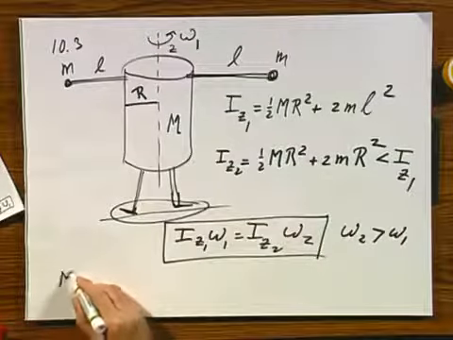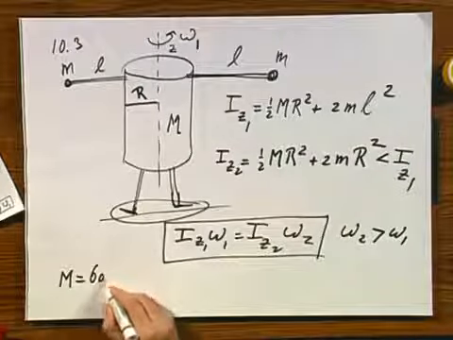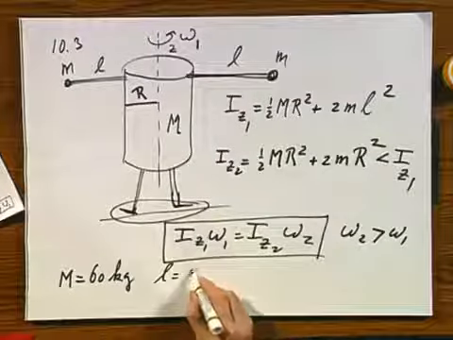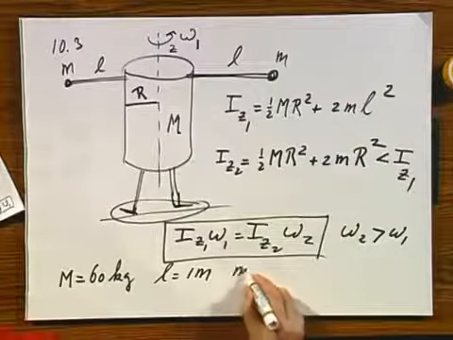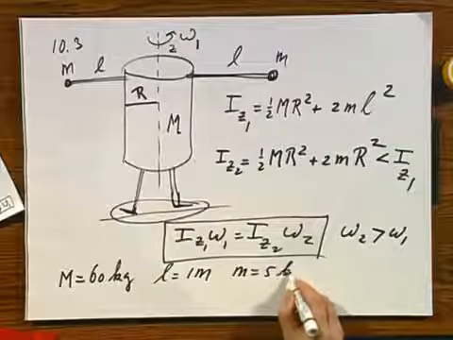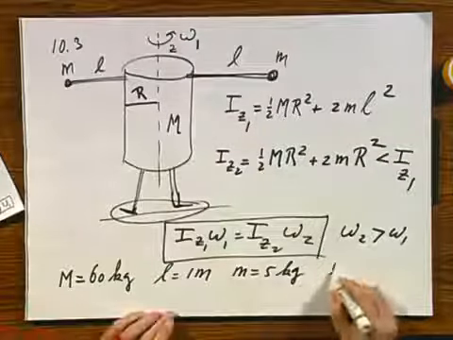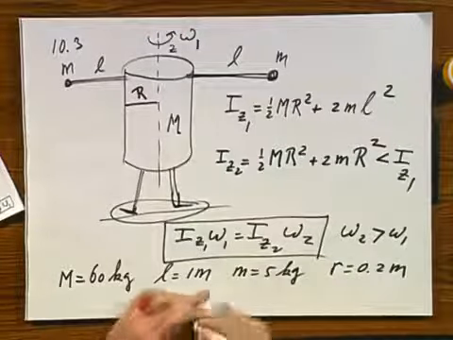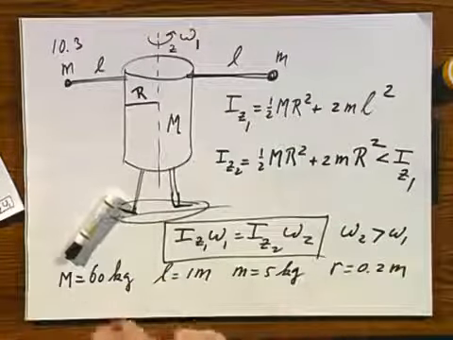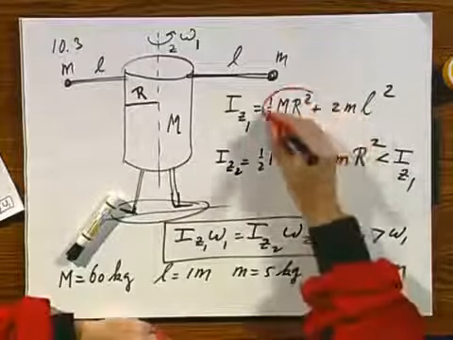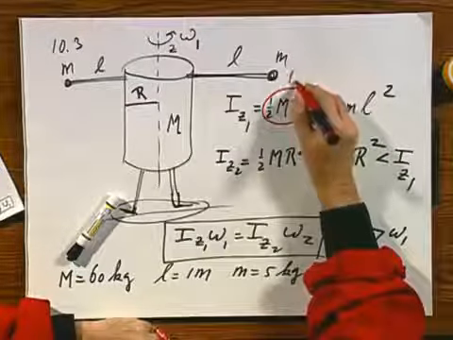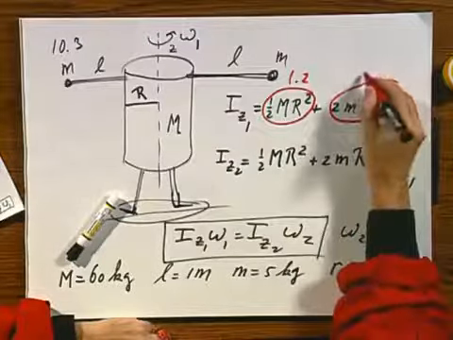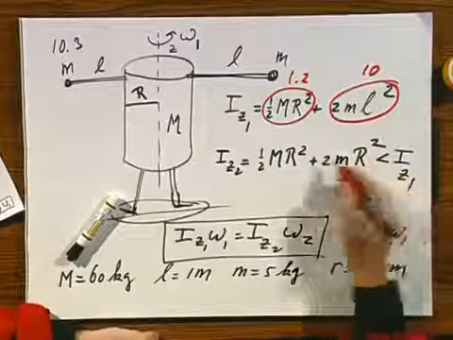If you take a modest case, whereby the person's weight is 60 kilograms, no insult implied, and you take L equals 1 meter, and you take m equals 5 kilograms, and you take R equals 0.2 meters, then you will find that this portion of the moment of inertia is only 1.2, and that this portion is substantially larger, is 10.